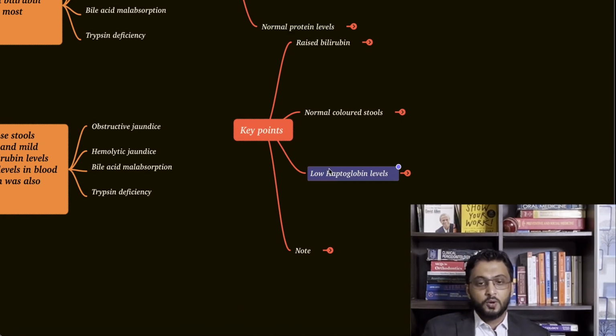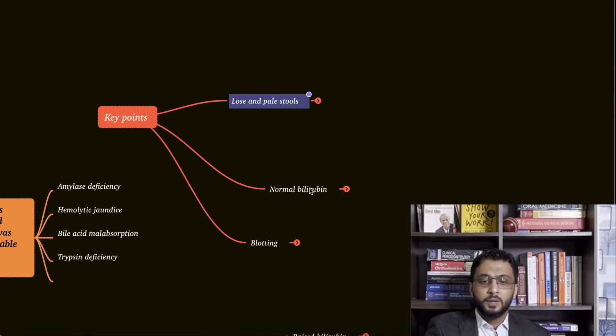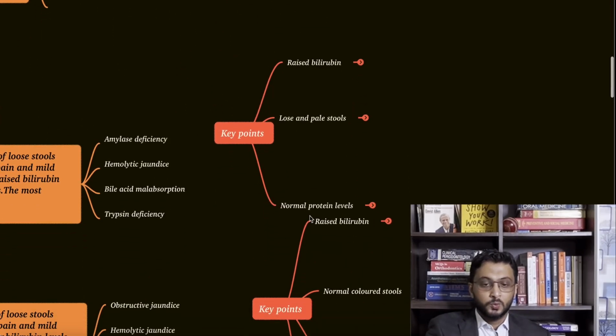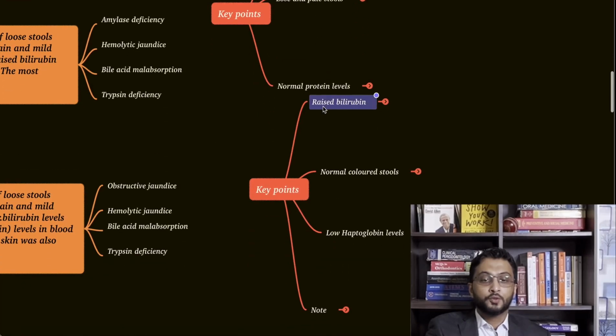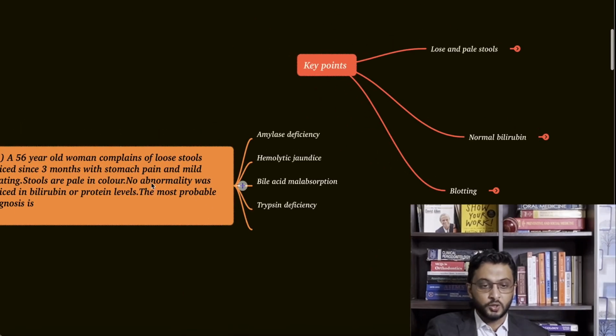So how to answer this? In the first we said bilirubin is normal, which means it is not jaundice. In the second and third, there is raised bilirubin, so these two are basically jaundice.